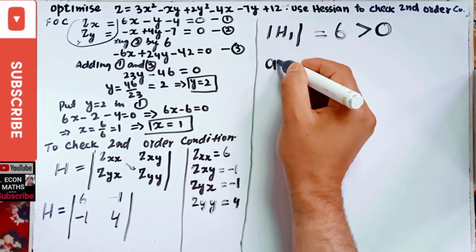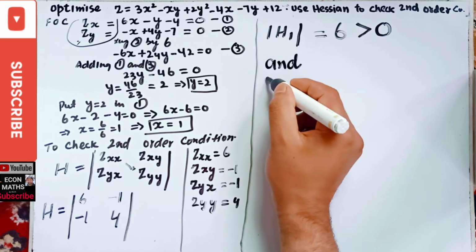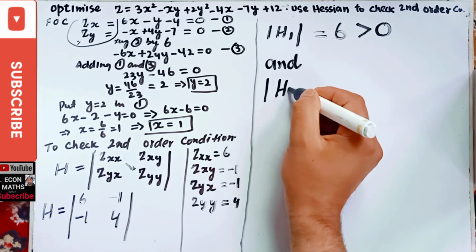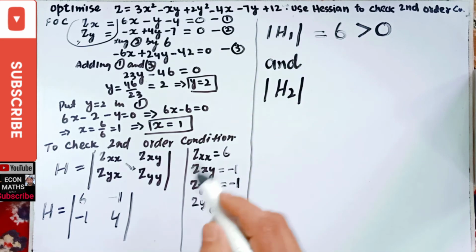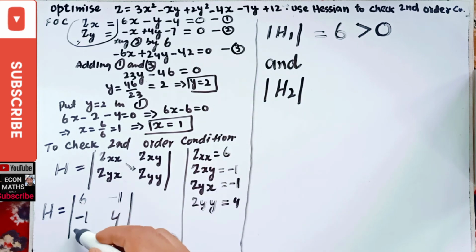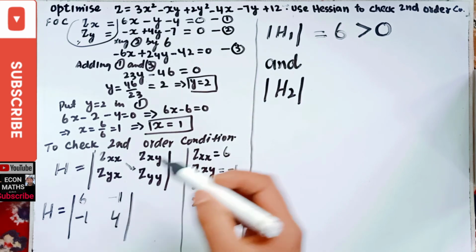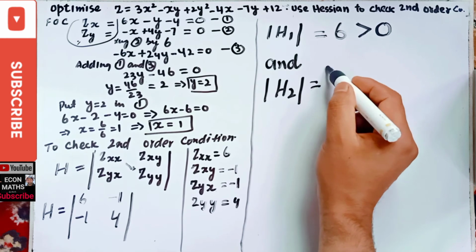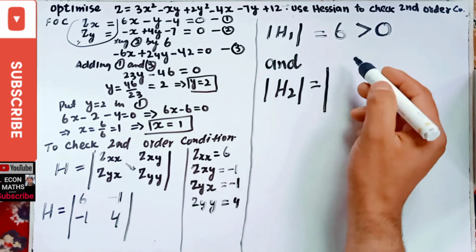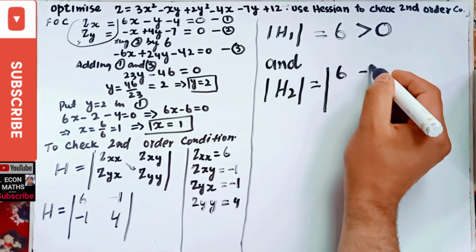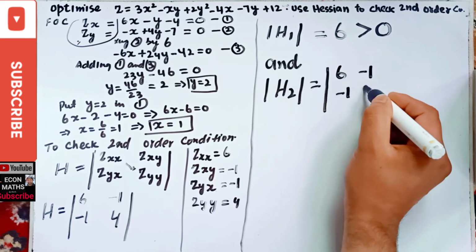And the second principal minor, that is H2. H2 is the second principal minor. The second principal minor is composed of all these 4 elements. That is, the second principal minor is 6, -1, -1, and 4.